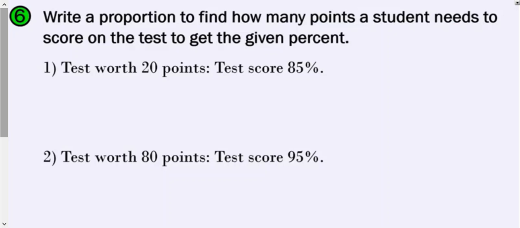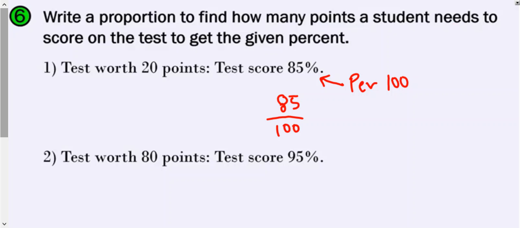The first thing I want to bring your attention to is this percent right here. Test score of 85%, and the percent refers to per 100. So we can create a fraction that says 85 out of 100.